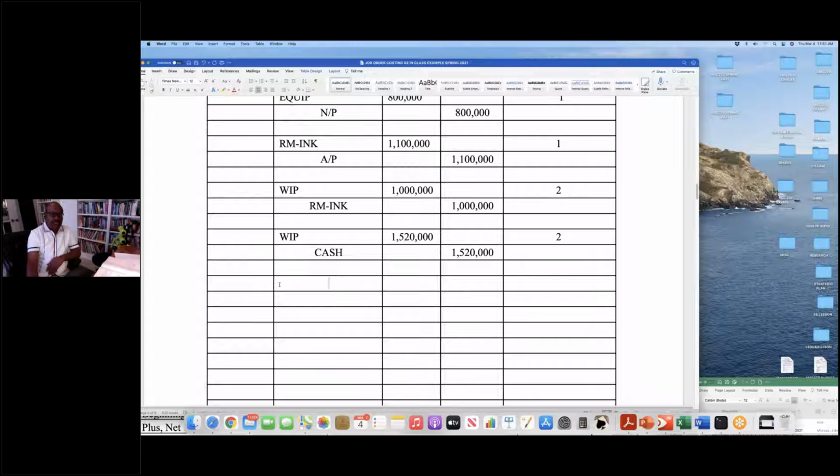Manufacturing overhead. So what's the journal entry going to be? You debit work in process at 608,000, and credit manufacturing overhead at 608,000.